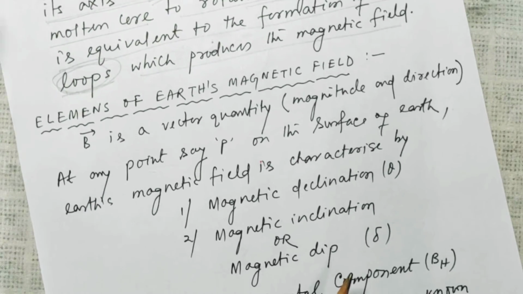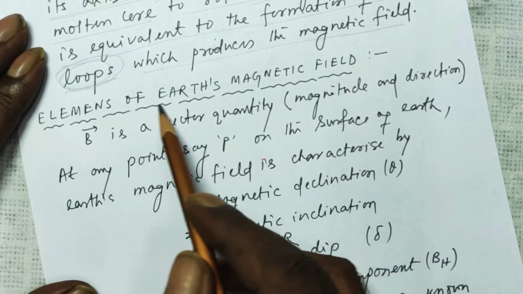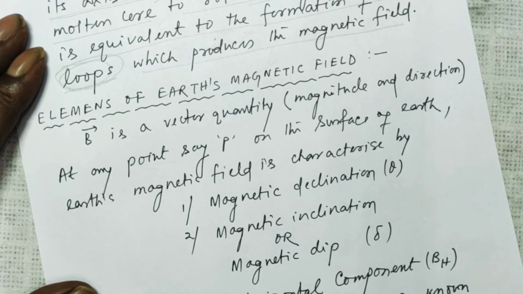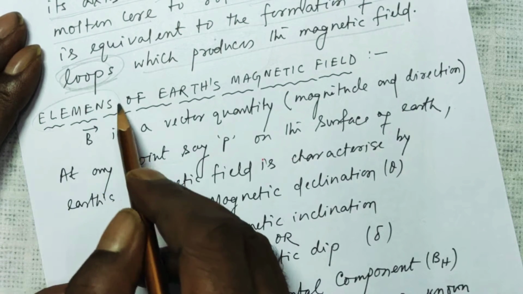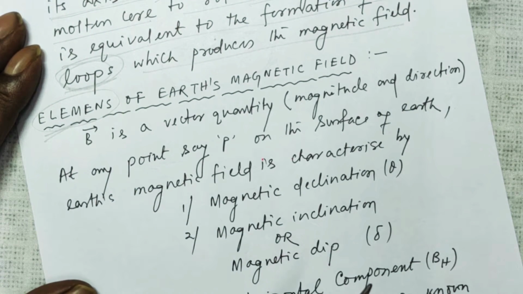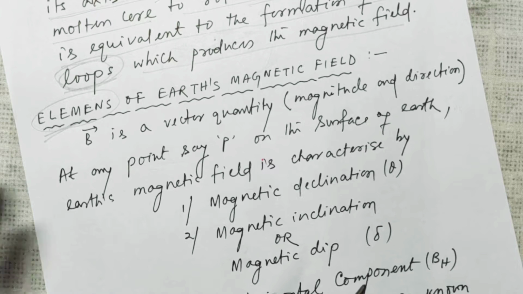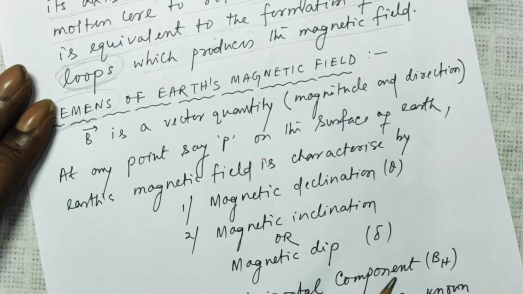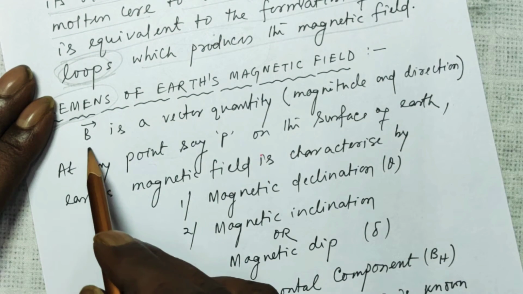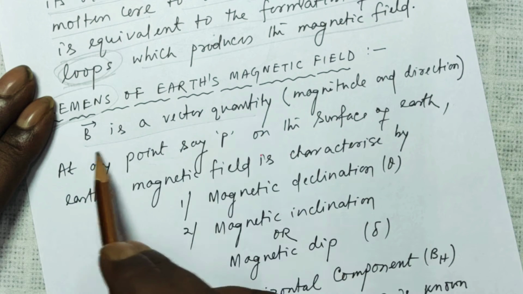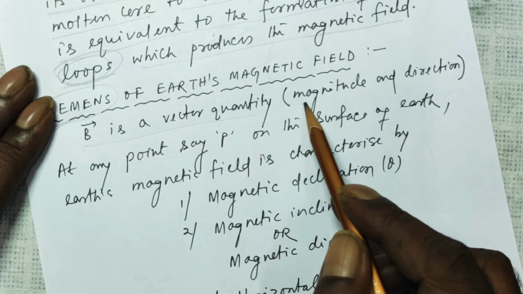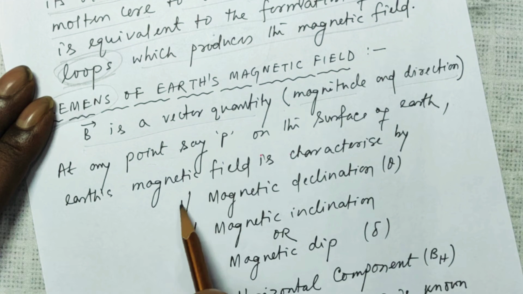Now, what are the elements of the Earth's magnetic field? Elements does not mean chemistry elements, hydrogen, chlorine, fluorine, not like that. Now, B is a vector quantity. Magnetic field B is a vector quantity, means it has both magnitude and direction.